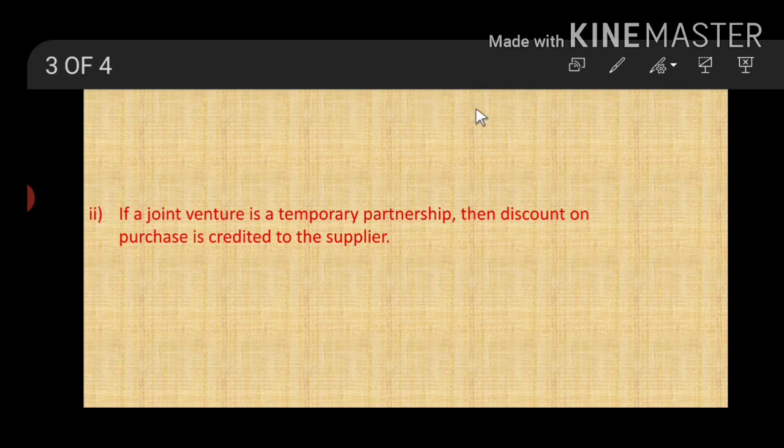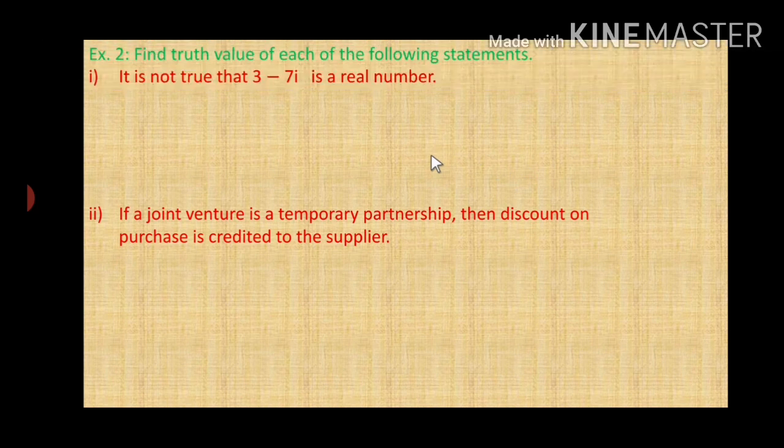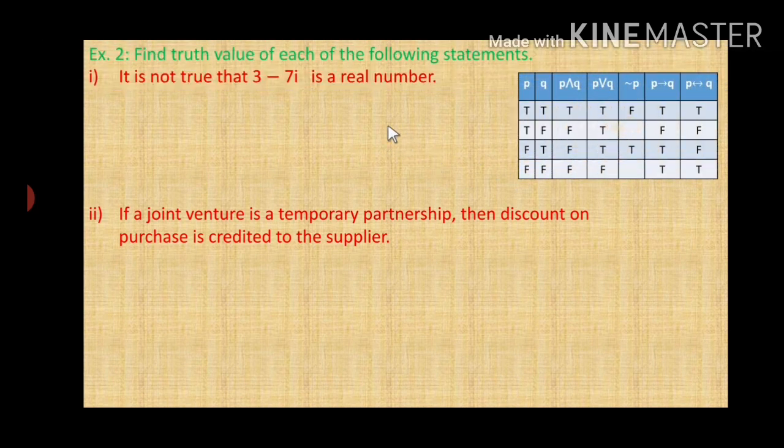Let's see. See the first question. It is not true that 3 minus 7i is a real number. Now this is again a negation statement. Correct? So see, this is the table that gives you the truth value of different logical connectives, for different combinations of true and false.